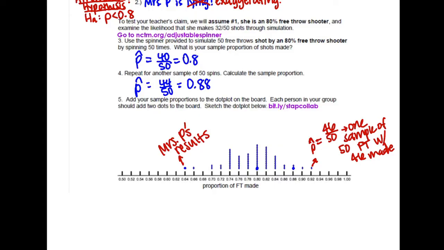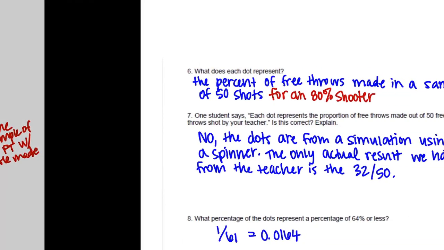Now, I had a day where I shot 32 out of 50. Is that likely enough for someone to do just by chance, or how frequently does that happen? And how to do as poorly as I did. So we look at 64% or less, and there's only 1 out of the 61 dots that match that criteria. So that's where that number came from on number 8.